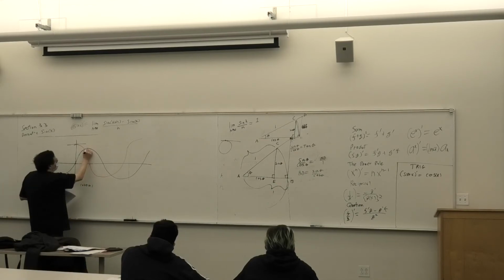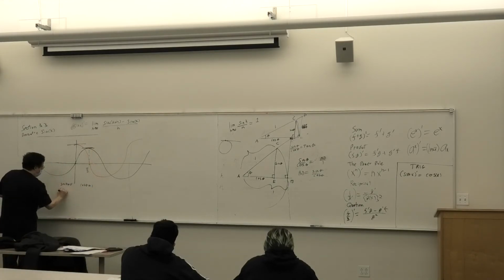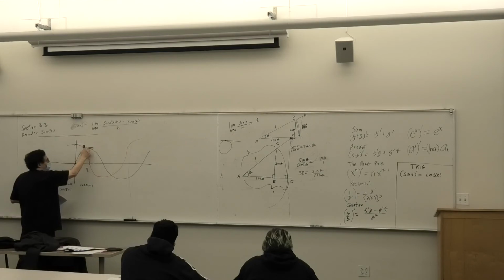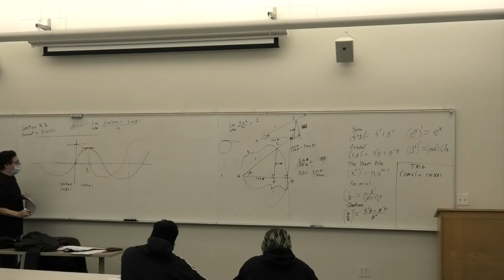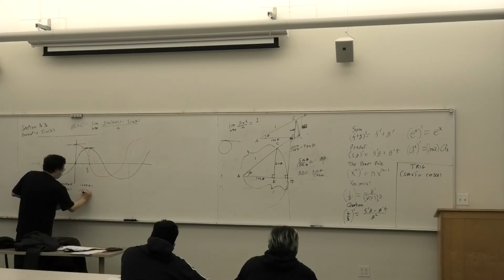As we get up here to pi over 2, sine of pi over 2 is 1, right? But what's its derivative? It's obviously 0. And what's the cosine of pi over 2? It's 0.